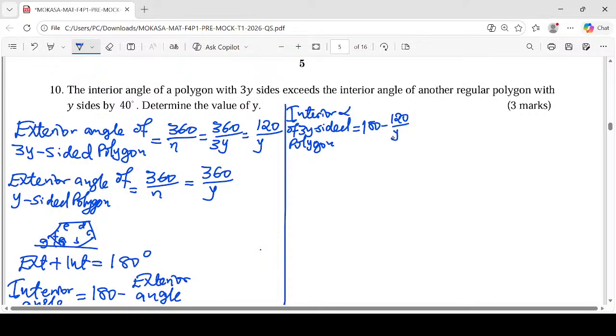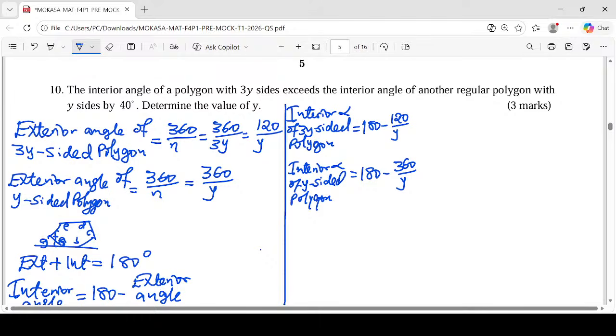Then likewise, let's get the interior angle of the y-sided polygon, which will be given by 180 minus its exterior angle, which is 360 over y.